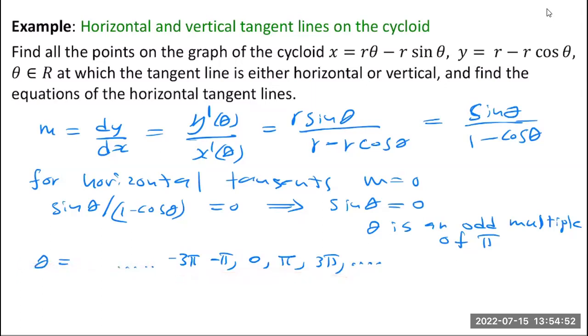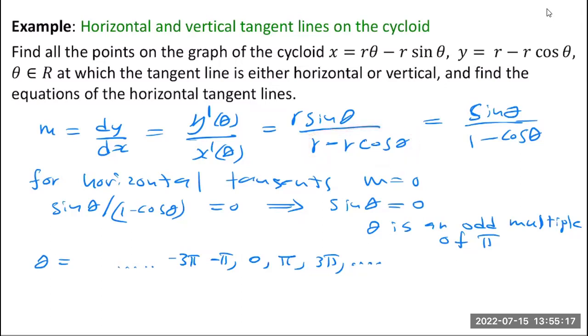And now the next question is, we need to find the points at which we have vertical tangents. What is the criteria for us to have vertical tangents? We have vertical tangents when your denominator is 0, right? Whenever we have an undefined slope, or an infinite slope, we have a vertical tangent. For a vertical tangent, you set your denominator to 0.